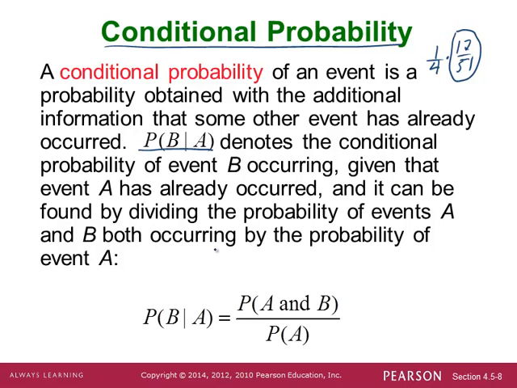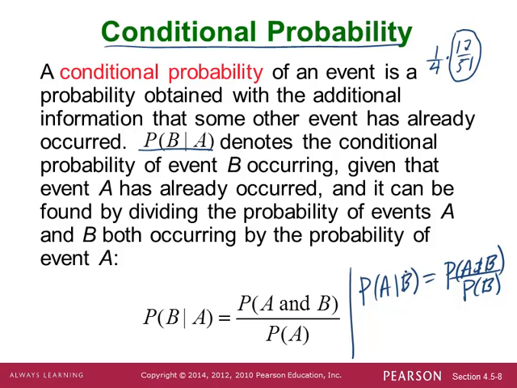And it can be found by, one way of doing it is dividing the probability of events A and B both occurring by the probability of event A. And likewise, the probability of A given B is equal to the probability of A and B divided by the probability of B.